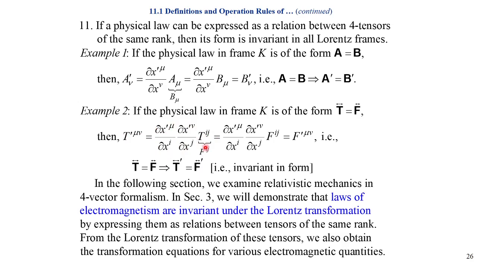But remember, T_ij equals F_ij because they are equivalent components. So after Lorentz transformation this gives us F prime mu nu. That is, first rank, second rank. It's invariant in form.